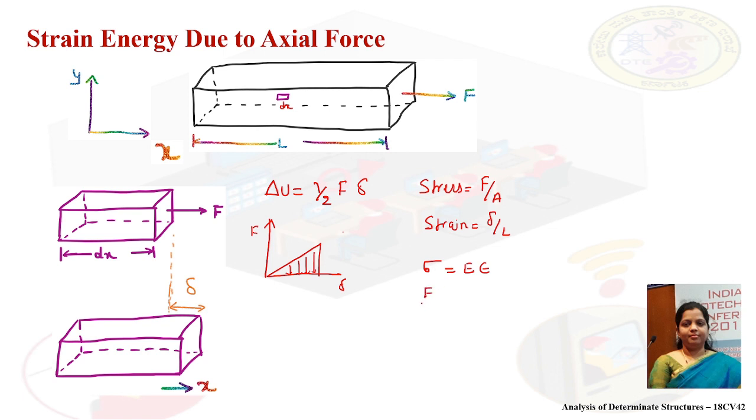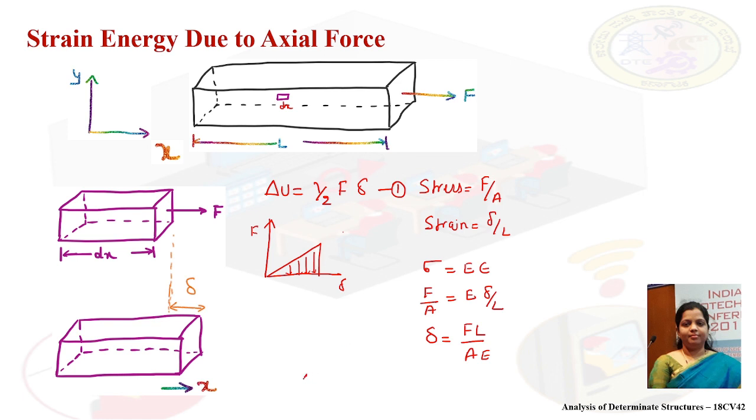Substituting the values of stress and strain, F by A is equal to E into delta by L. So delta will be equal to FL by AE. Now substitute this delta value in equation 1.